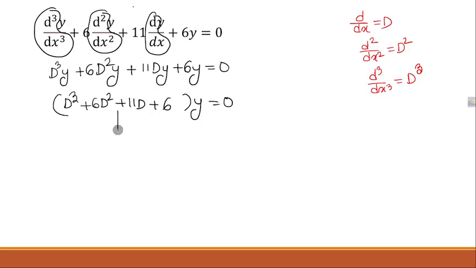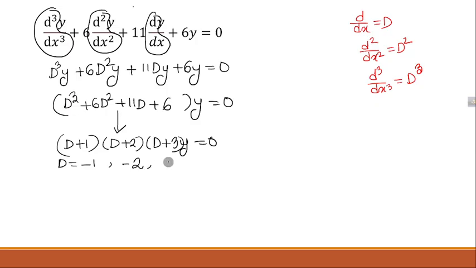Then you have to decompose this term into factors, and you will have D plus 1, D plus 2, D plus 3, and from here you will get D is equal to minus 1, minus 2, minus 3.